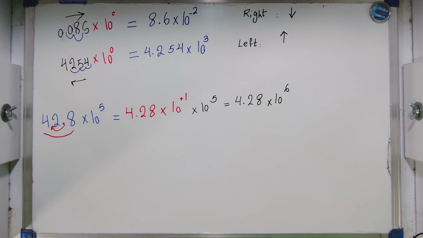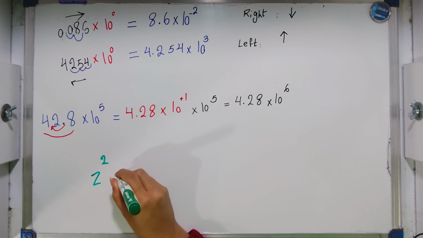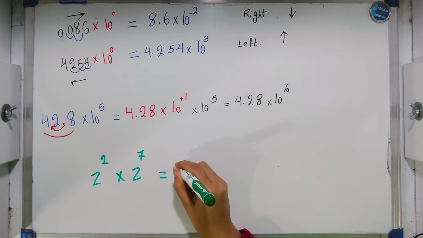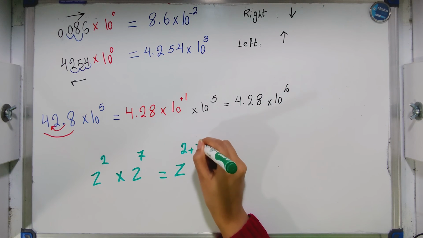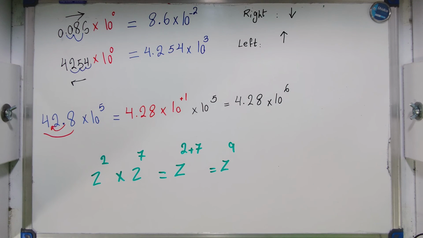If you cannot remember the rule about the powers, I think you had it before, that if you have, for example, a number that has power of 2 times a number that has power of 7, the answer will be the addition of the two exponents, or 10 power 9, for example.